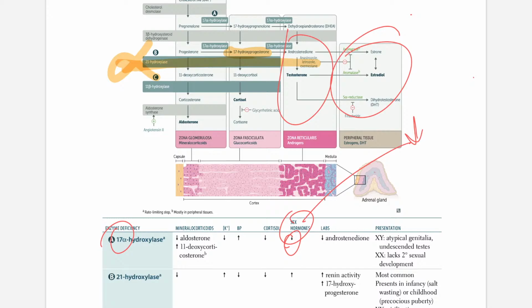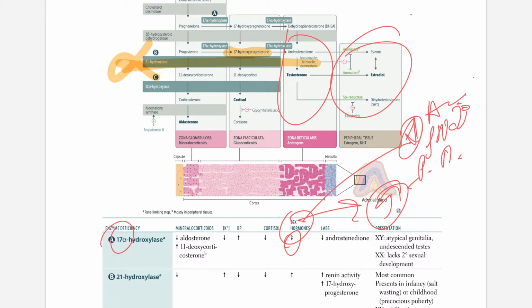So if the patient is male, they are going to have ambiguous genitalia, and the female will have no secondary sexual characteristics. When they're high, they are going to cause precocious puberty in infants.